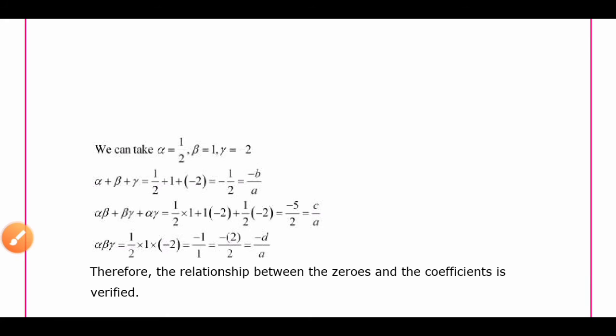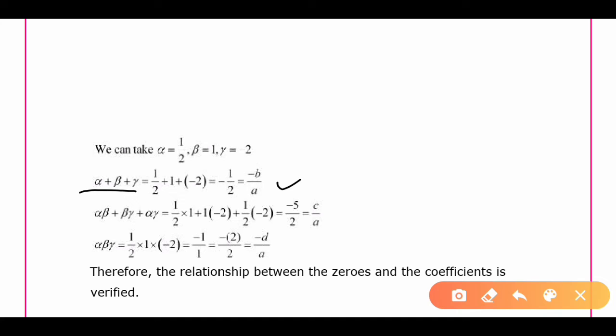Now we know that alpha plus beta plus gamma equals minus b upon a. So we will calculate the sum alpha plus beta plus gamma, and after replacing the values we will get minus half equals minus b upon a.